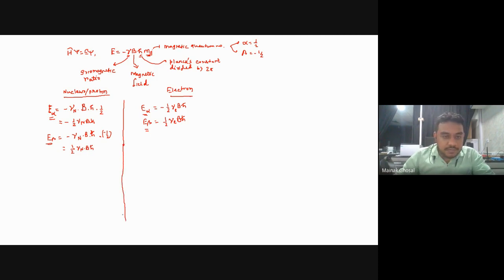Now it is known that B is positive. In each case it will be beta, so don't confuse this beta with the spin beta. This is spin beta, and this is the Bohr magneton.